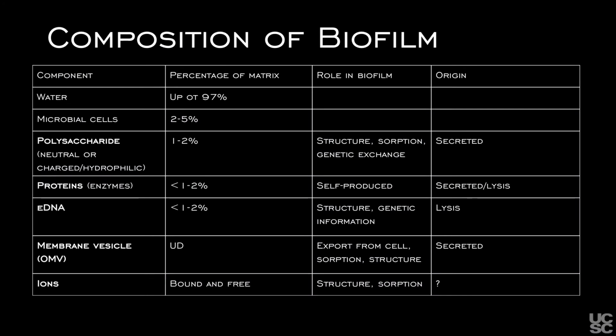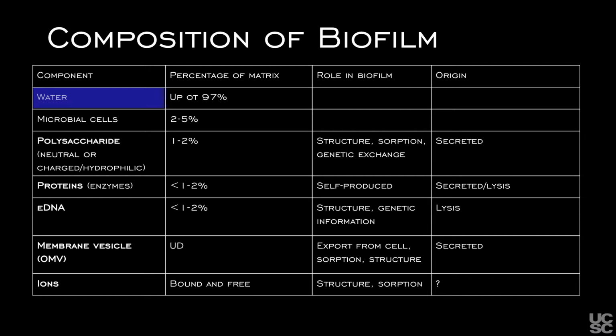Now let's talk about the composition of biofilm. We have, of course, bacterial cells, along with the extracellular polymeric substances, or EPS. They are also called the house of biofilm cells because they cover the bacterial cells. So what can we find in the EPS? First, we have water, a lot.